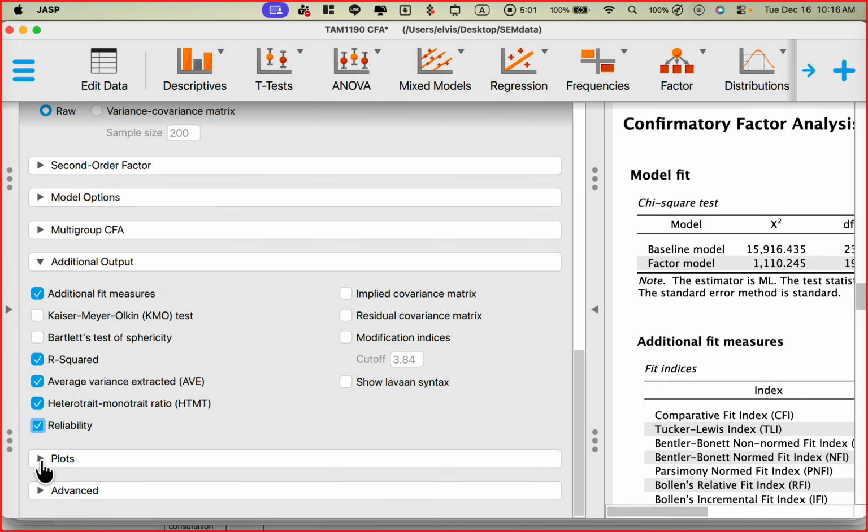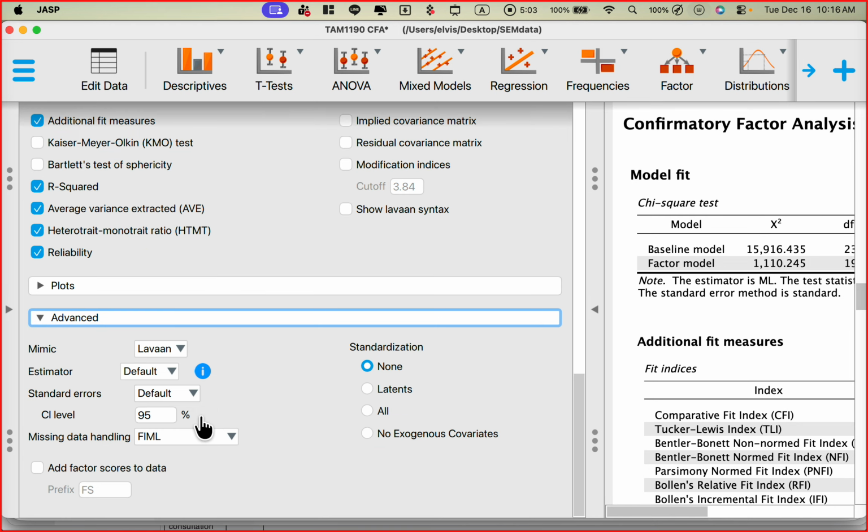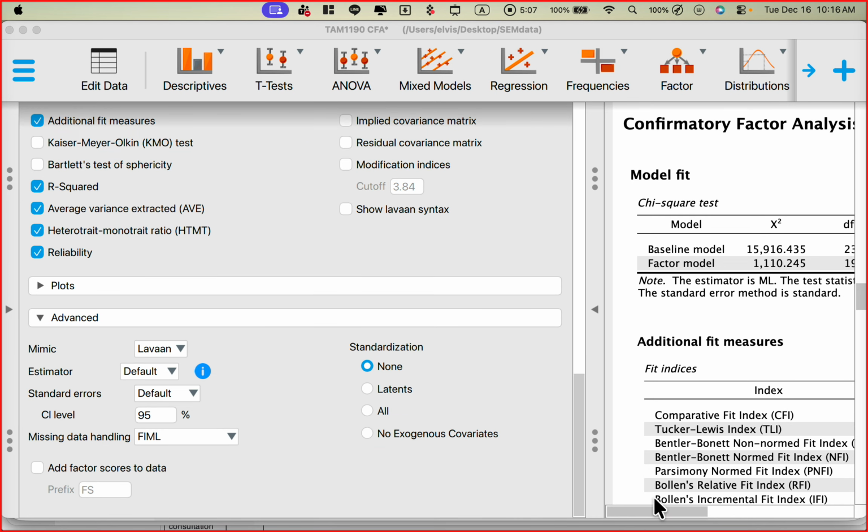Okay. Advanced: on the left-hand side, we need standardization of variables. So we click all. Okay, good.